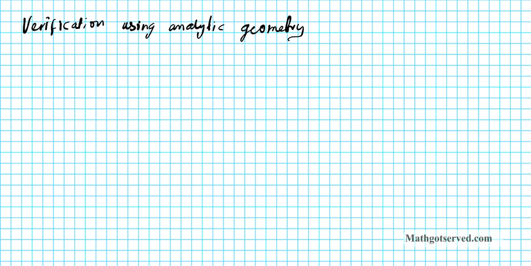All right, so let's consider the equation that we had earlier and see if we can determine what kind of graph that is in geometry. So we have 9x squared plus 4y squared plus 36x minus 8y plus 4 equals 0.